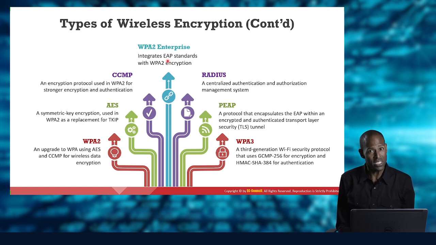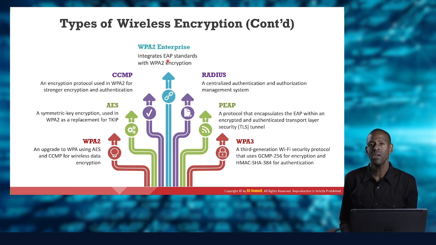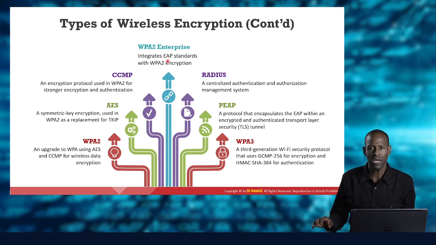So that makes it much safer because you're not storing any passwords on the wireless access point, and that allows you to do logins that synchronize with Active Directory or other directory services, so you can log directly into your network, into your domain, for instance, through WPA2 Enterprise.